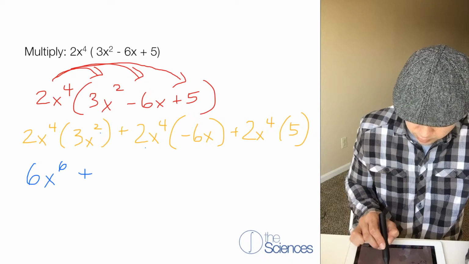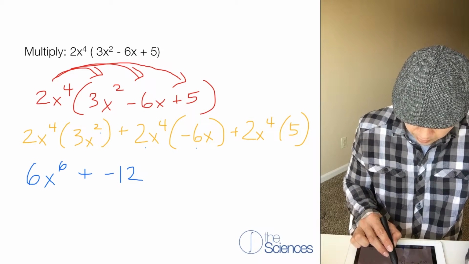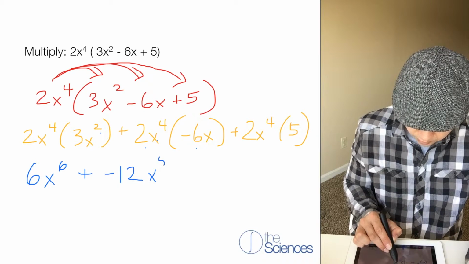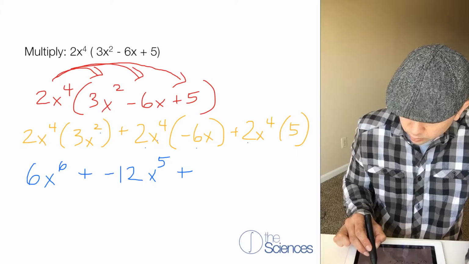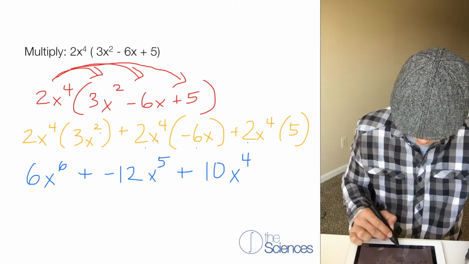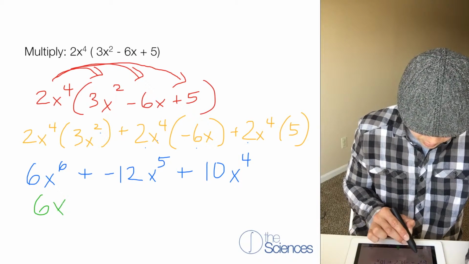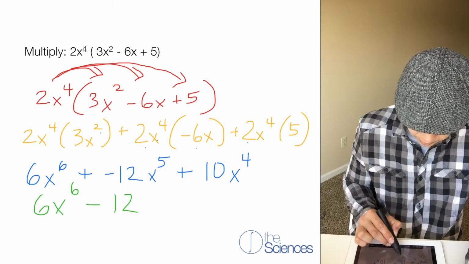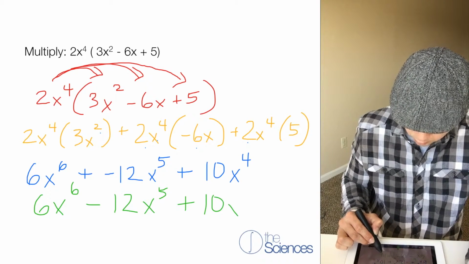Now here we have 2 times negative 6 is negative 12, and then x to the 4th plus 1 is x to the 5th, plus 2 times 5 is 10, x to the 4th. We can simplify that as 6x to the 6th minus 12x to the 5th plus 10x to the 4th.